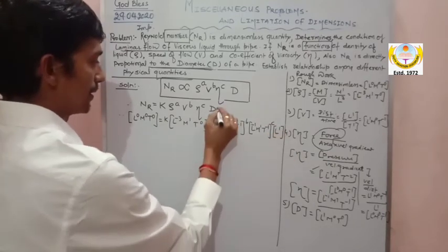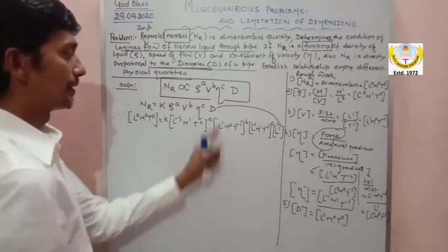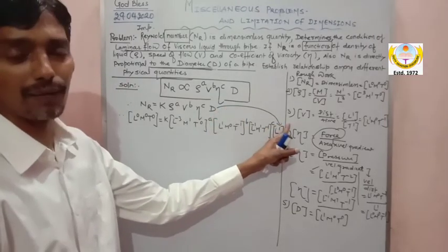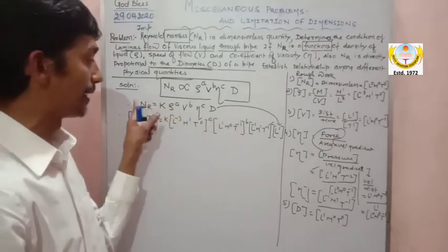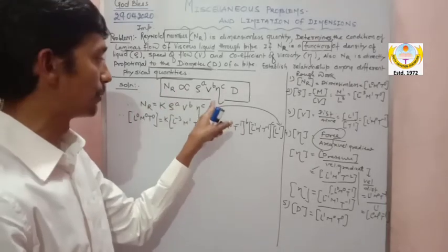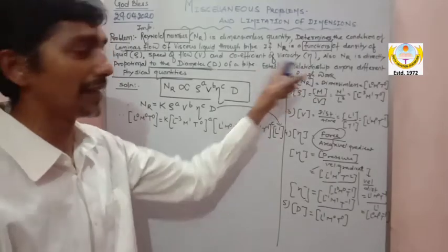I hope it is clear. There is no other power here, because we already know that Reynolds number and diameter are directly proportional, so we don't put any power here.